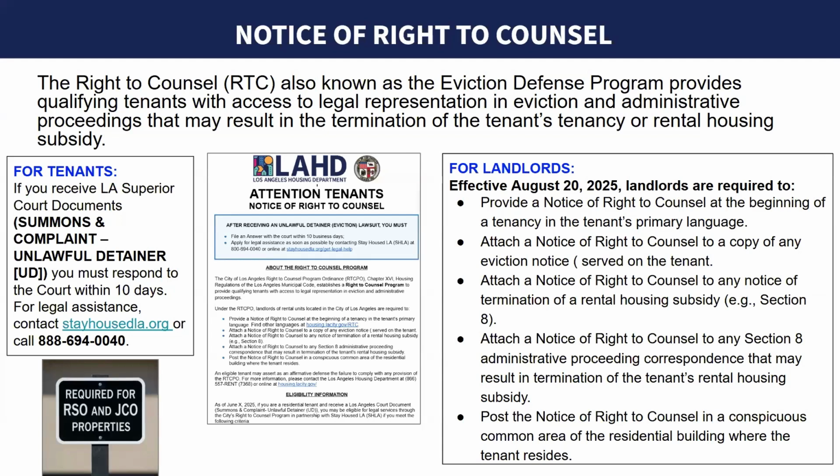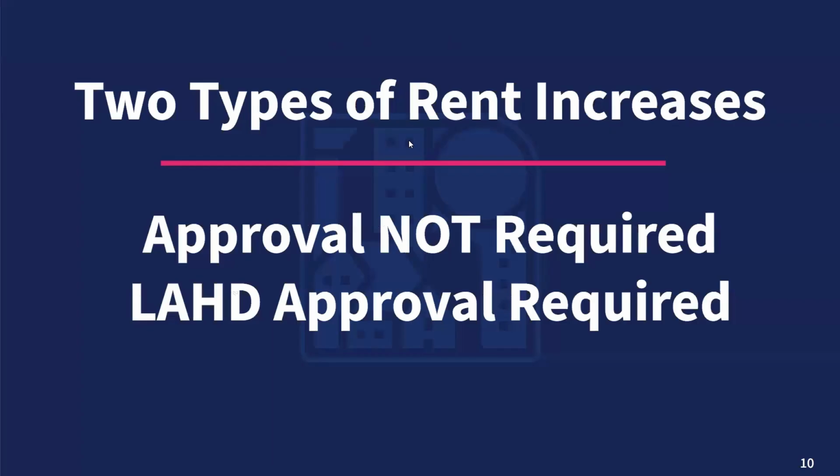Attach it to any notice of termination of rental housing subsidy, Section 8. Attach it to any Section 8 administrative proceeding correspondence that may result in termination of the tenant's rental housing subsidy. Post a notice of right to counsel in a conspicuous common area of the residential building where the tenant resides. Next slide.